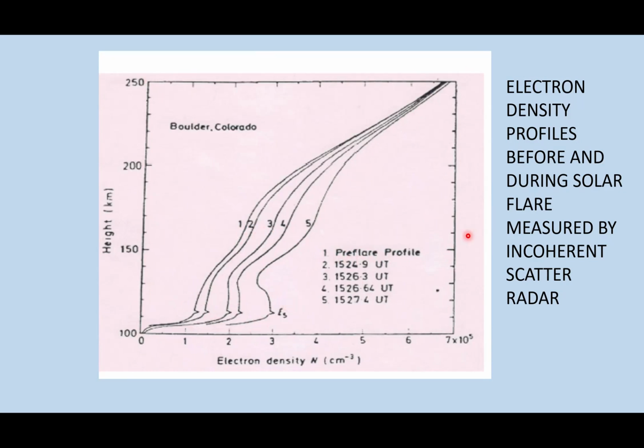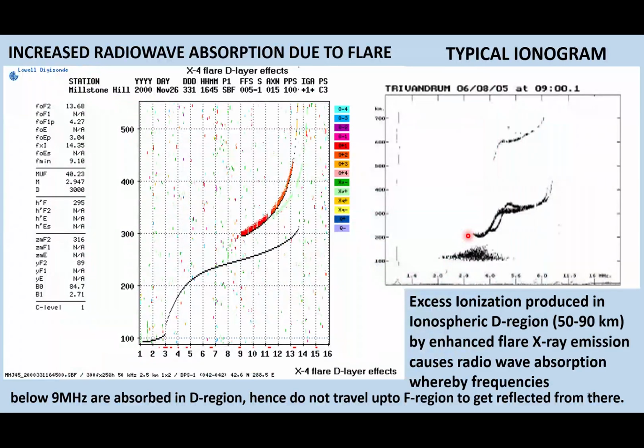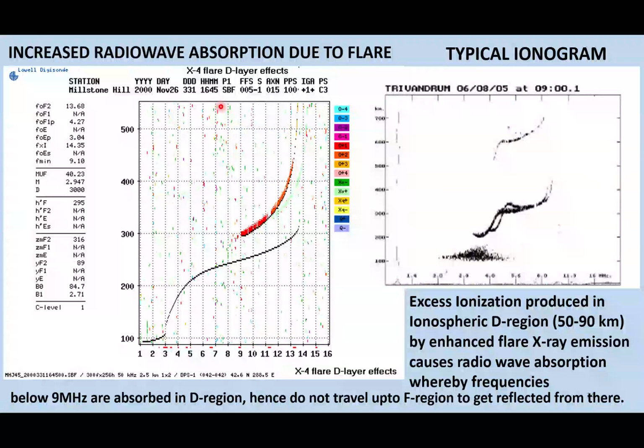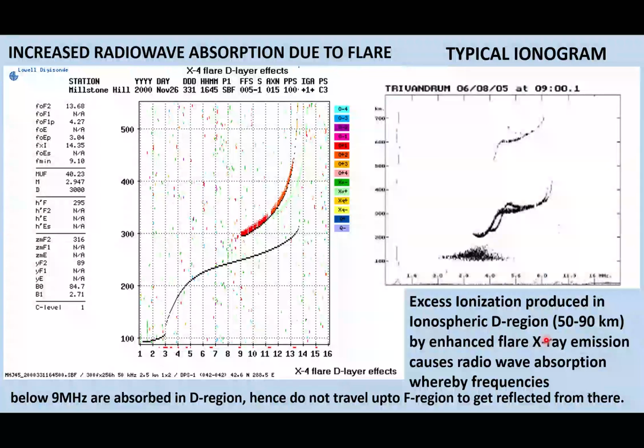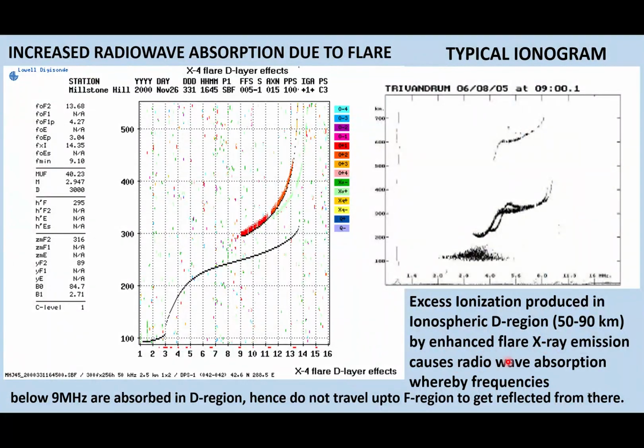Now, another effect of this flare is that this excess ionization produced, as we saw in the previous slide, is mostly in the lower part of the ionosphere, say below about 200 kilometers. Because of this excess ionization there, the D region gets very much enhanced in electron density, and the D region is responsible for radio wave absorption.